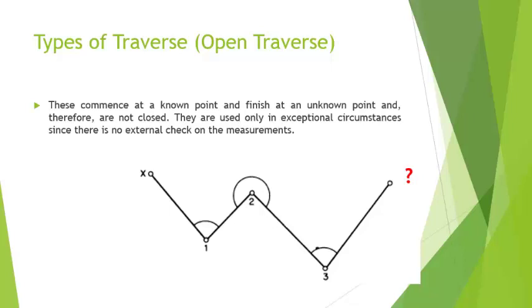All right, open traverse finishes its work with an unknown point. Therefore, the traverse is not a closed traverse. Open traverse is used only in exceptional circumstances, since there is no external check on the measurements.